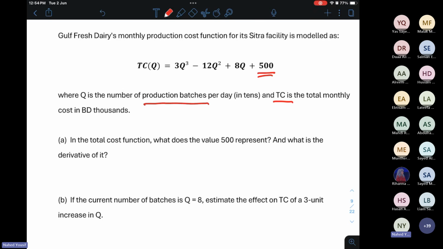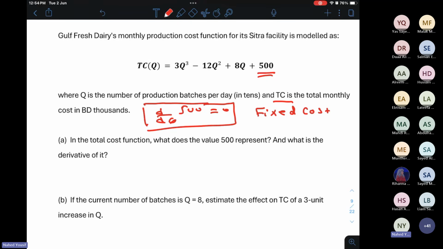So in this part, the differentiation d/dQ for the 500 is just 0, and we call it the fixed cost. Its derivative is just 0.